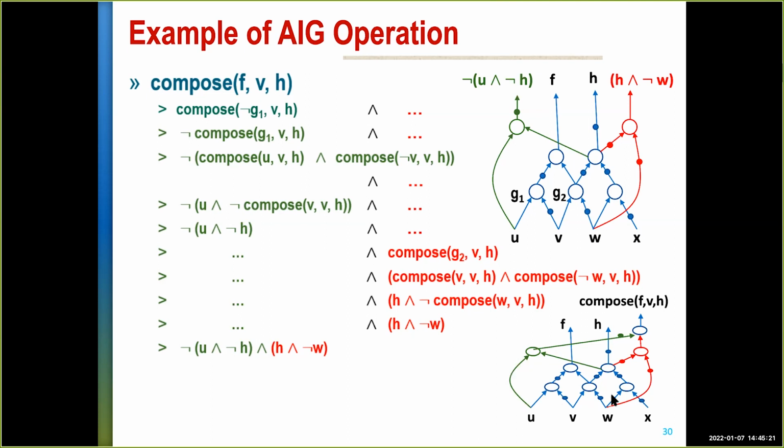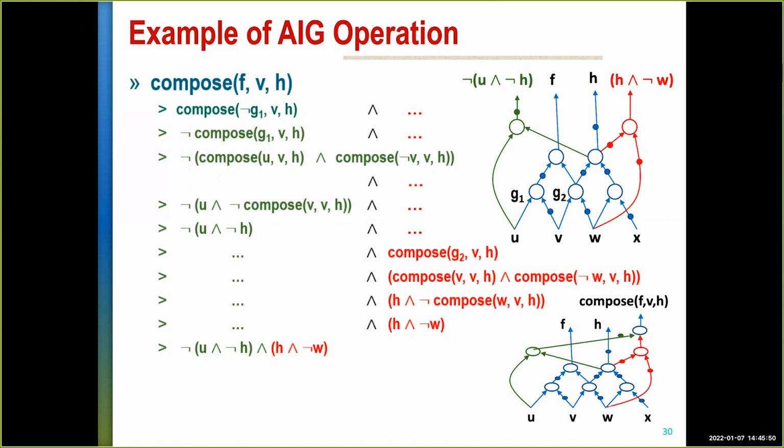But here the way I have done it is by recursively descending into the structure, and I still have F, I still have H. The input V is not disturbed at all. So if any other function was sharing this input, it can continue to share it. I have my new node which represents compose FVH, and I just needed to add 3 nodes to get this done. Okay. So this is the nice part about AIGs, that you can actually do a lot of operations very efficiently.